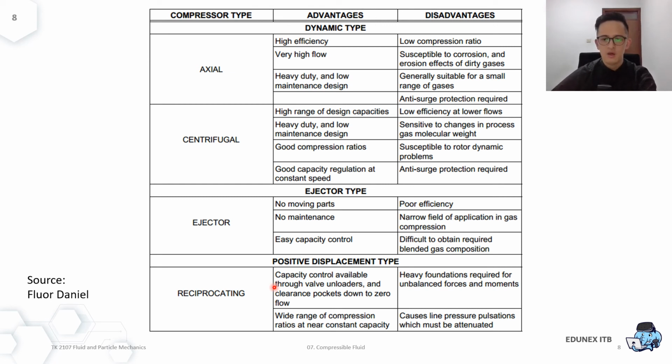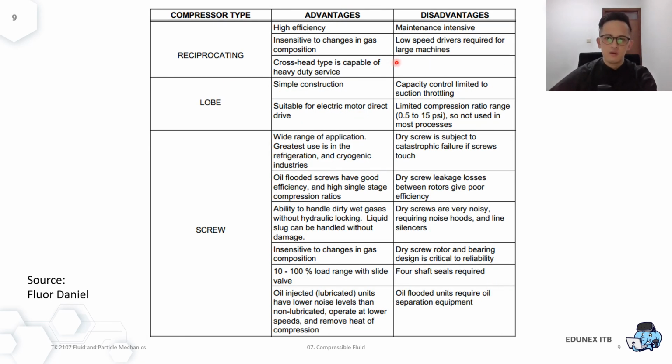That's possible, but there will be some disadvantages, such as the heavy foundation required for unbalanced forces and moments, and it causes line pressure pulsation, which must be attenuated. For reciprocating, it also has a high efficiency, but the disadvantages are that the maintenance is intensive compared to the centrifugal and the axial, and low speed drivers are required for large machines.